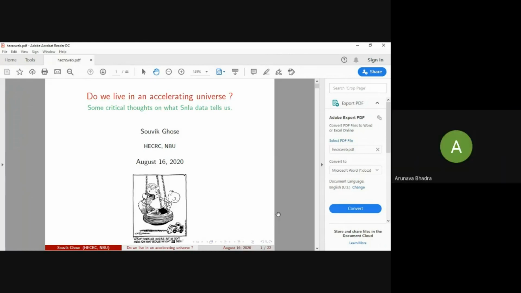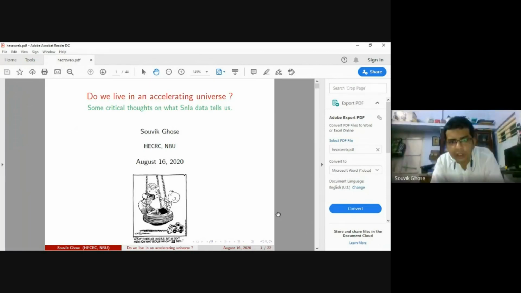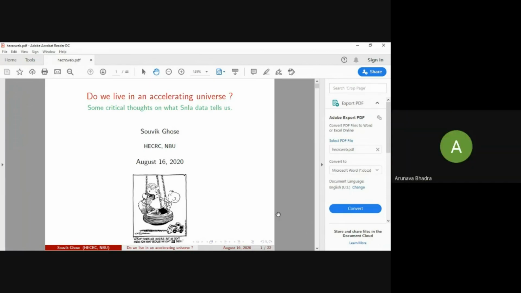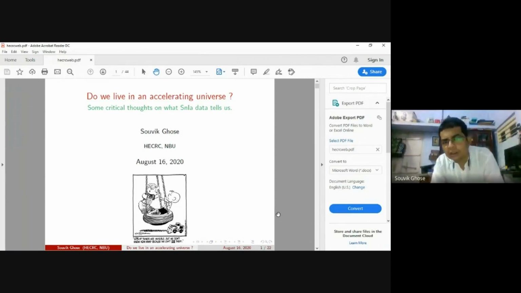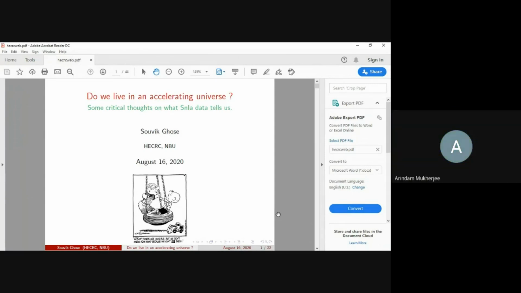Now they are claiming that the acceleration is just 2.8 sigma, less than 3 sigma. Okay. But what about the dipole claim? That appears to be due to non-inclusion of the solar system motion.